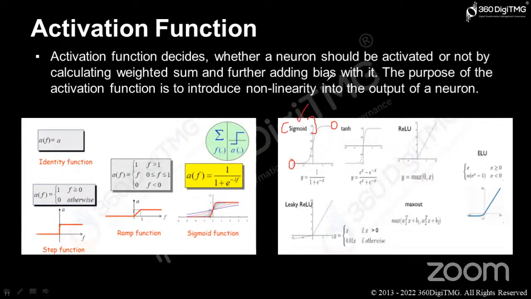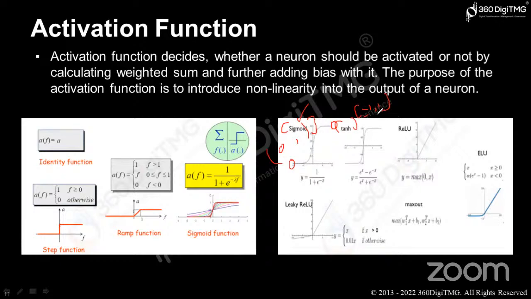And we have one more activation function, that is tanh. Tanh squashes a real-valued number to the range between -1 and 1. What we have seen in the case of sigmoid is that it ranges between 0 and 1, right? Here it ranges between -1 and 1.